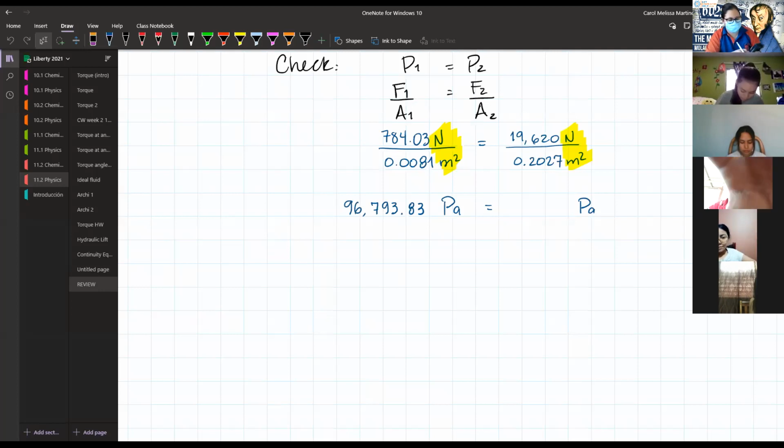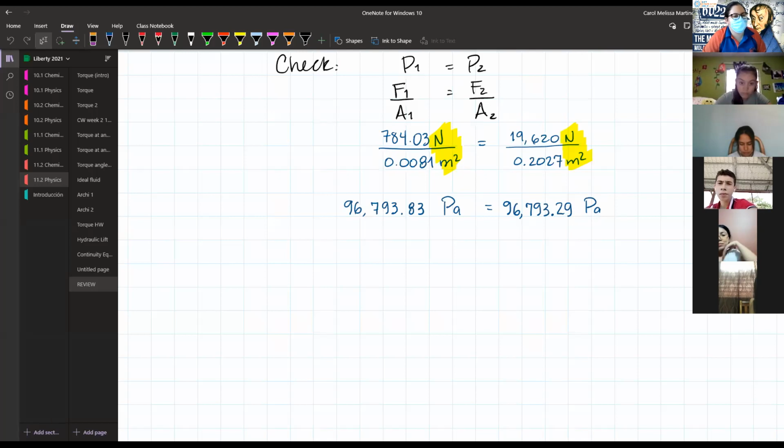In the other one, I got 96,793.29. So what do you see? What do you think?